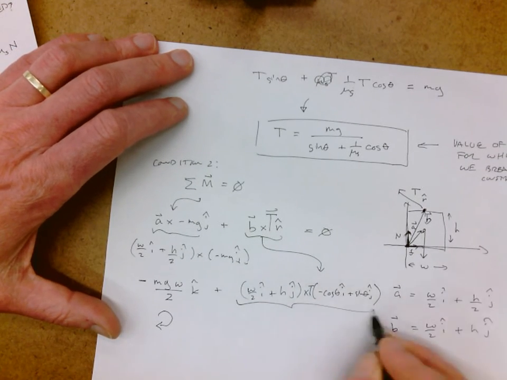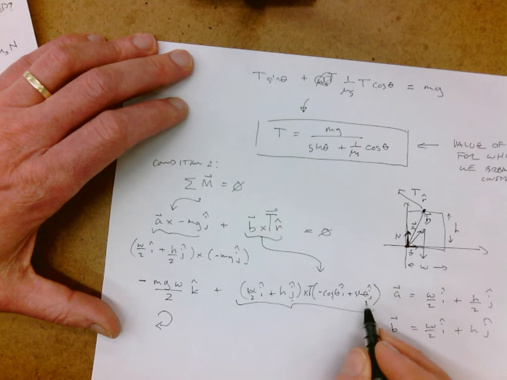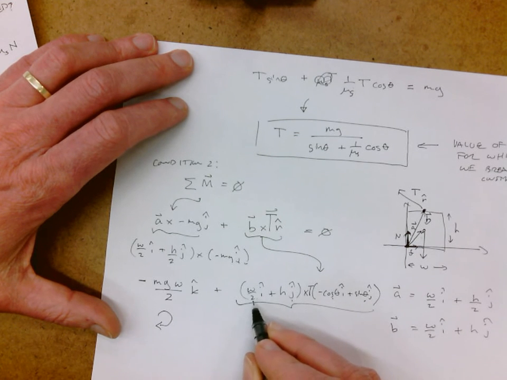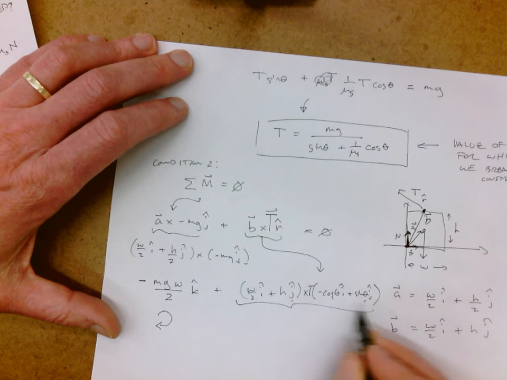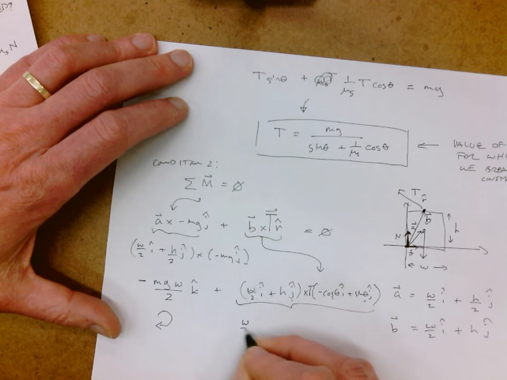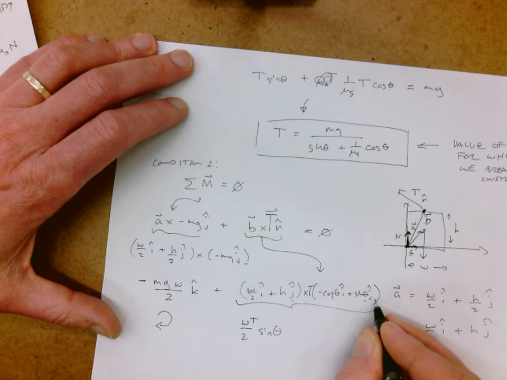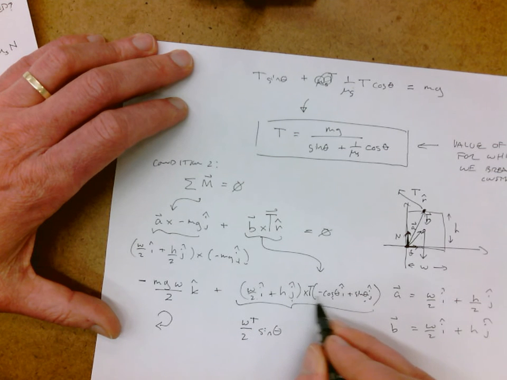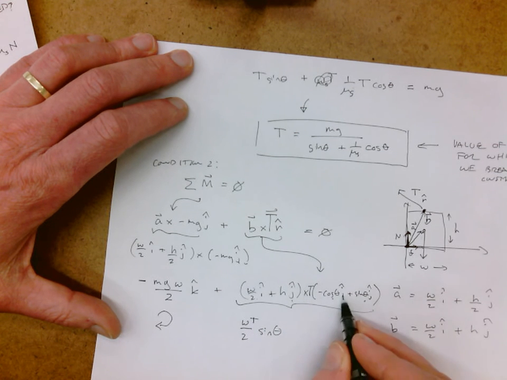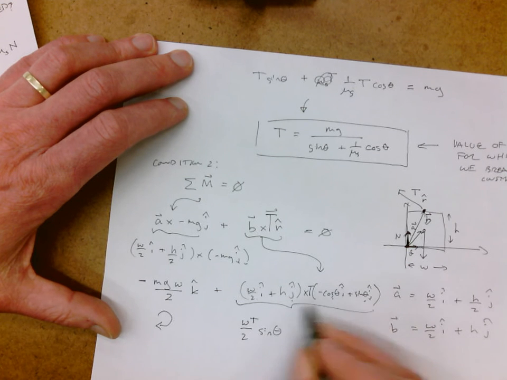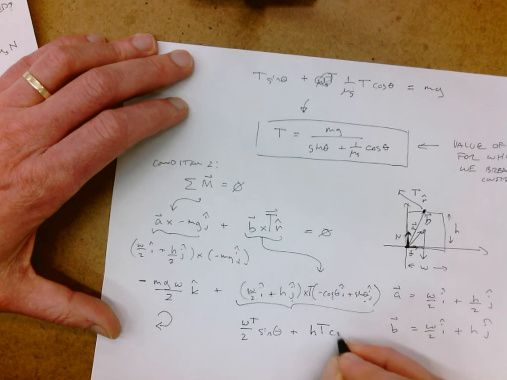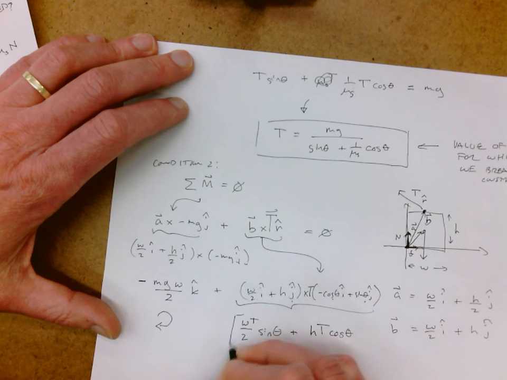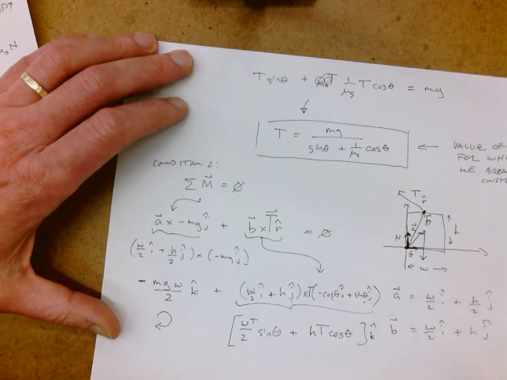And so if I take this, i hat cross i hat is 0, j hat cross j hat is 0, I'll get a w on 2 times T times sine theta. And that's i hat cross j hat, so that's positive. And then I'll also get an h times T times minus cos theta times j hat cross i hat. j hat cross i hat is minus k hat, so I'll get a plus h times T times cos theta, in the k hat direction.